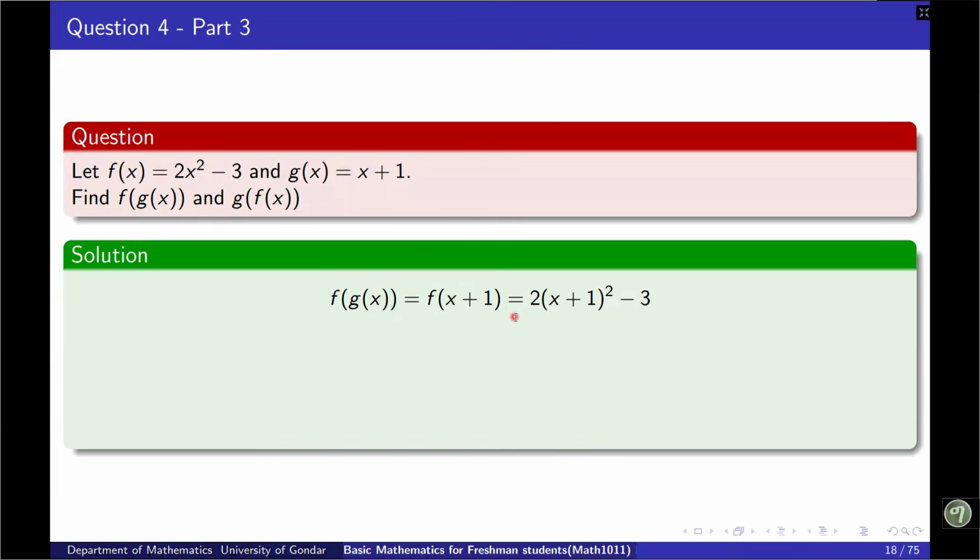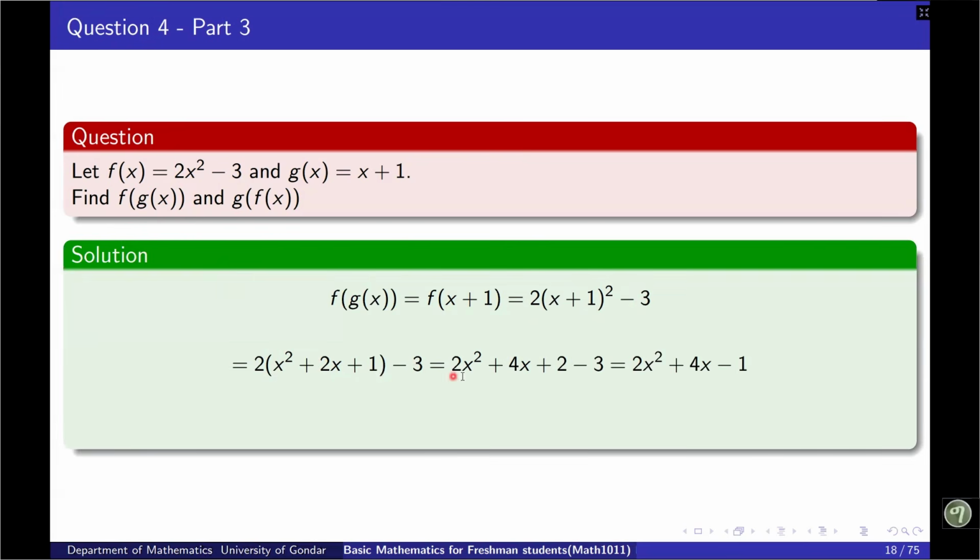But when we give a certain input to f, the output will be twice the square of the input minus 3. Therefore, the output for x plus 1 under f is twice x plus 1 the whole squared minus 3. Then when we simplify, we have twice the square of this, that is x squared plus 2x plus 1, minus 3.